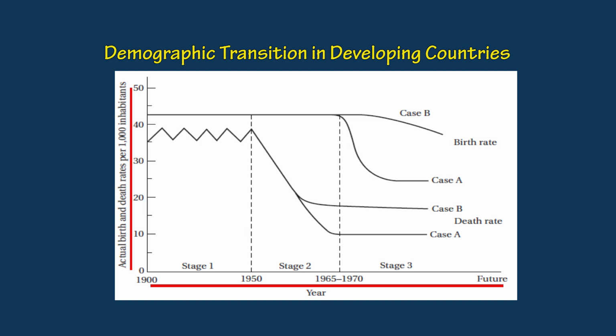Now, while explaining the situation of demographic transition in developing countries, you see birth rates remained very high and death rates also remained very high, although they fluctuated in stage 1 during the period 1900 to 1950.